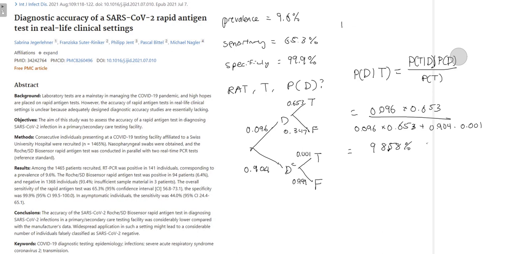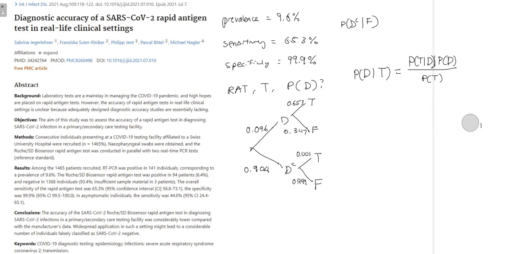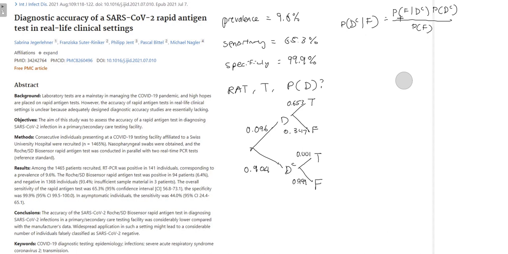But what if I ask, what is the probability that I do not have the disease given that I get a false? Similarly, we've got probability of false given D complement, probability of D complement, over probability of false. So that's this path divided by this path plus this path as well.